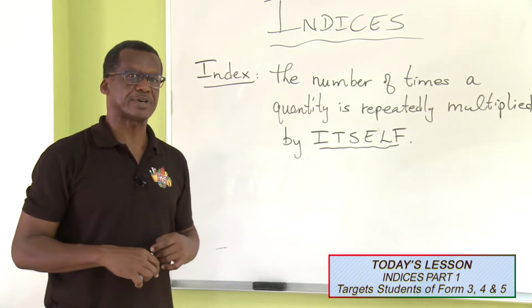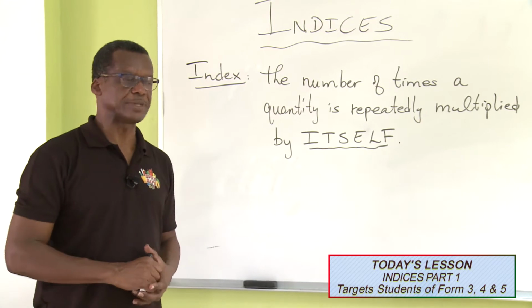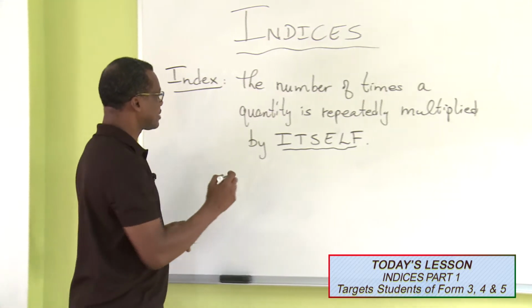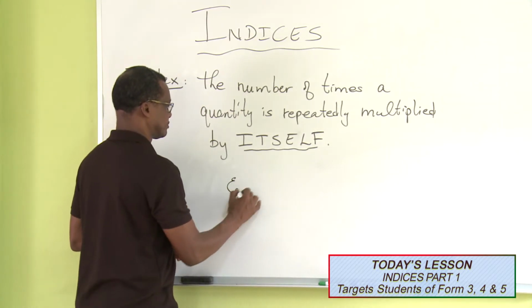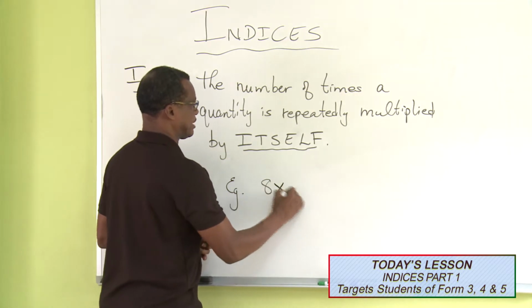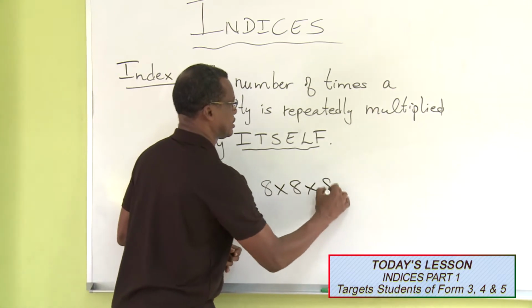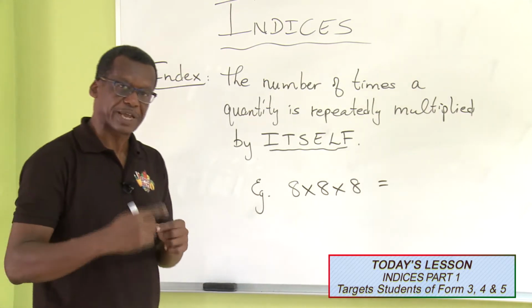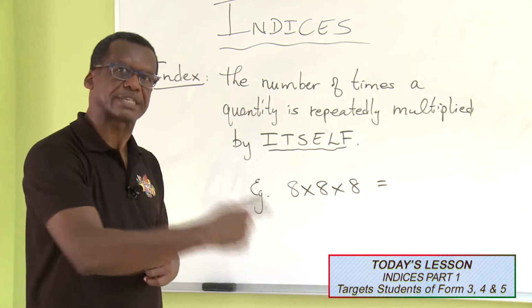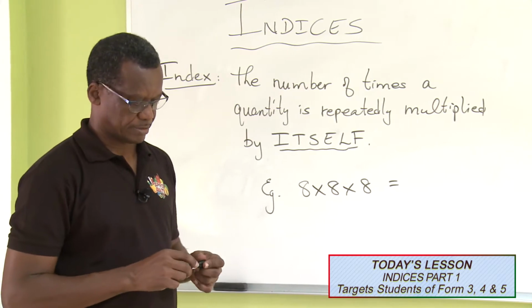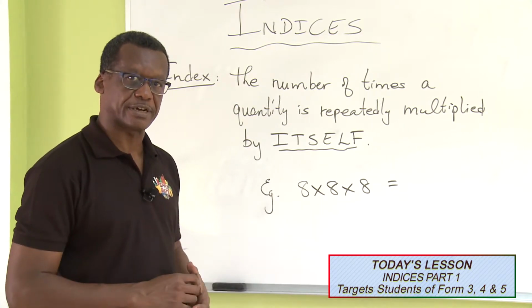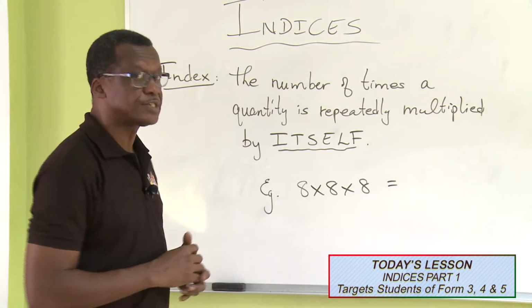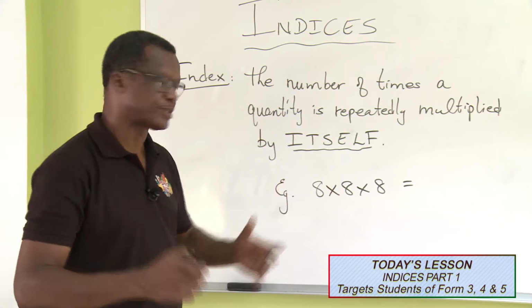So if we take the number 8, for example, and we multiply it by itself 3 times. 8 times 8 times 8. Notice we're multiplying the number 8 by itself. That gives rise to the idea of indices or powers.